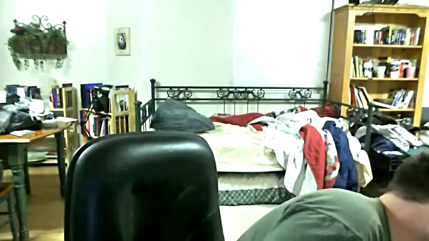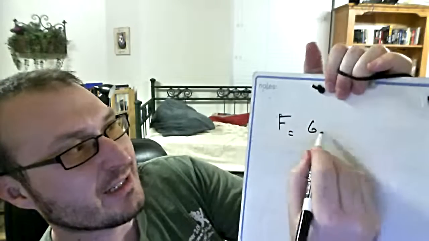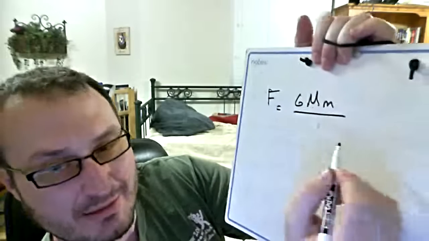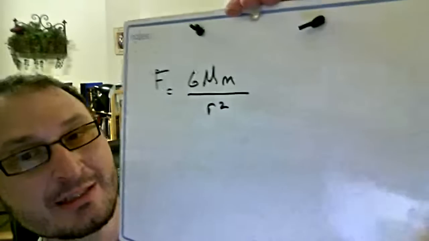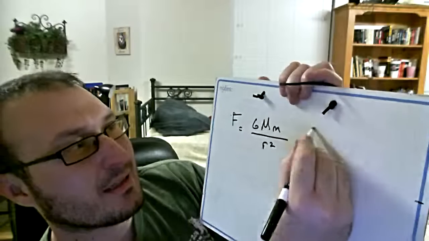So what do you get for the force? You can solve this problem very easily, just knowing Newton's law of gravity and some common sense, honestly. The force of gravity is just G times the mass of what's causing the gravity times the mass of you, divided by r squared. This is old elementary school stuff, right? So what is the mass of Earth?